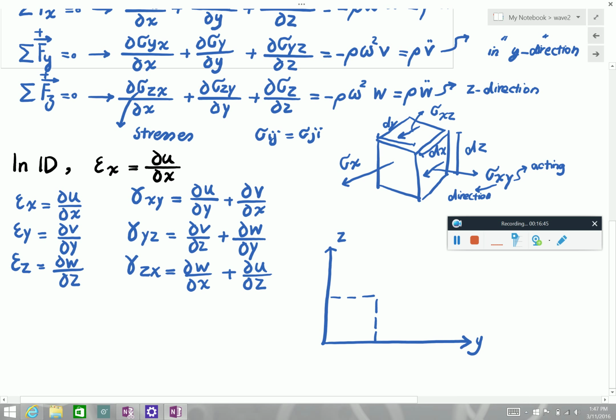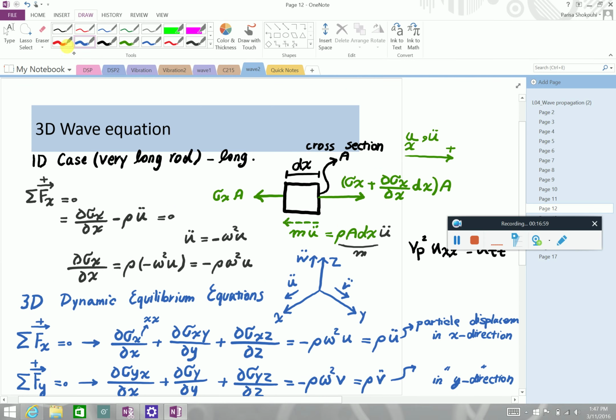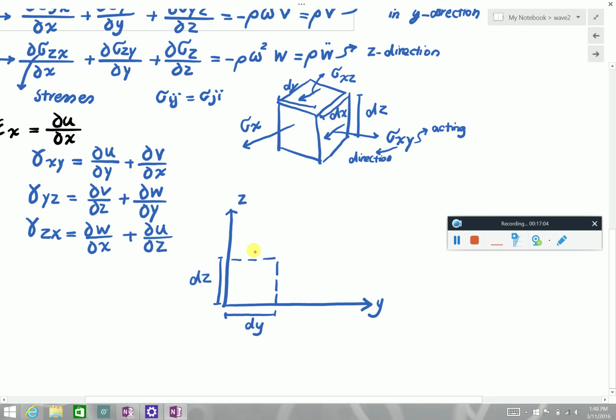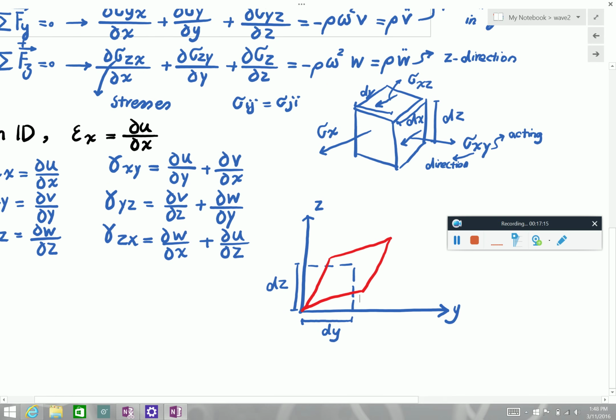If this is the original undeformed element, once it deforms, it becomes a diamond-shaped element like that, and the shear strain is defined as the change in the angle.